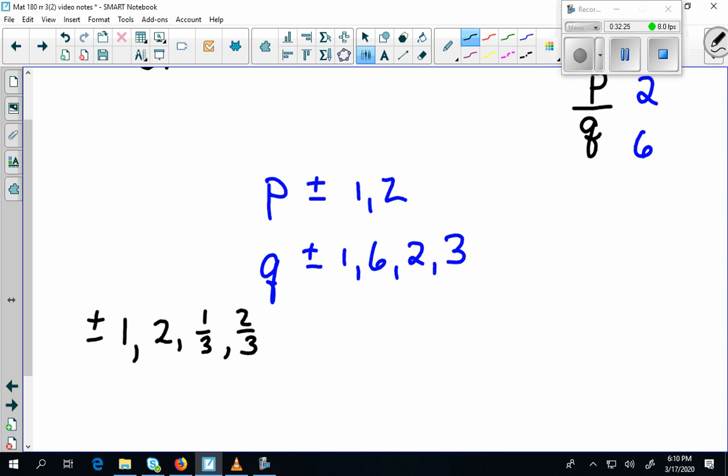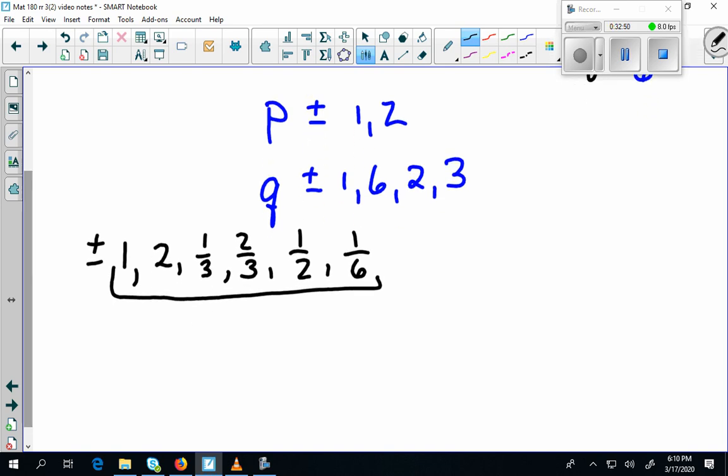I don't have to do 2 over 2 because I already have 1 over 1. That simplifies to the same thing. Positive, negative 1/2, positive, negative 1/6, and I think, yeah, that's it. So that's not saying those are all zeros of that function. That's saying, look, these are the possible zeros.